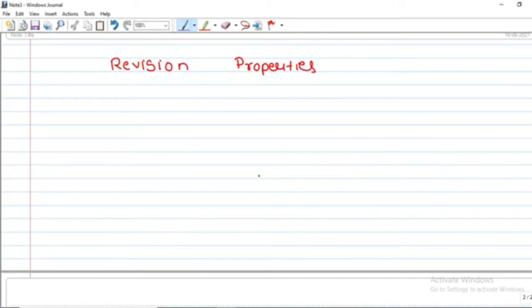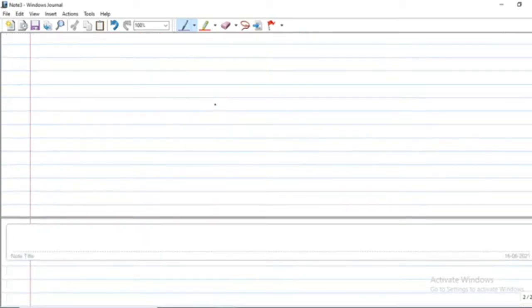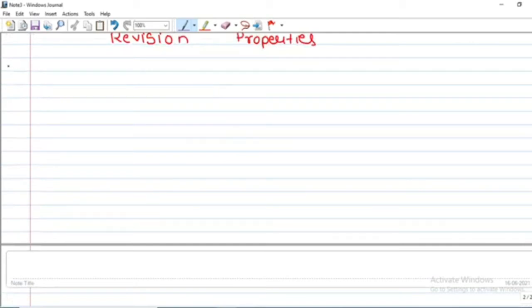The first property is very simple, which is nCr, the backbone of this chapter. That is, you should know n factorial upon r factorial into (n minus r) factorial.